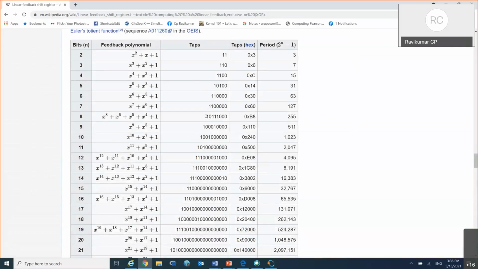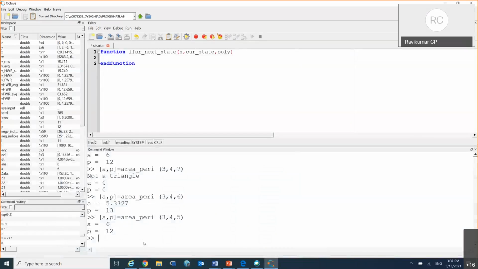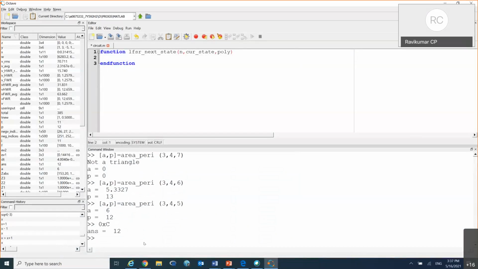Now, I need to somehow extract this 11100 sequence. So I have got B8 and I want to extract this. So how do I do that? First of all, remember that you are allowed to write 0xc, etc. So it recognizes hexadecimal numbers.